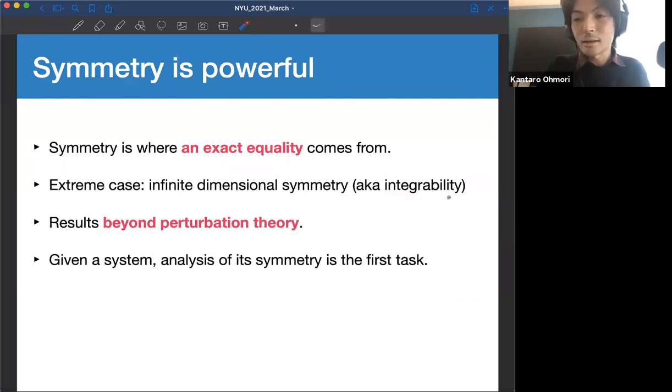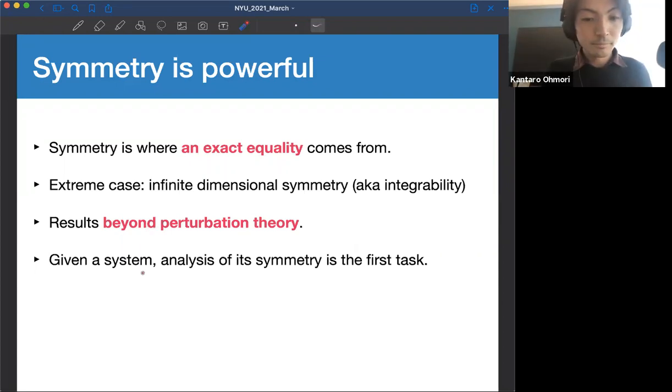In that case, we can basically solve the system completely, but that's almost never the case, and we cannot solve the system just by symmetry. Still, it gives us important information, because it's an exact equality, and in particular goes beyond perturbation theory.